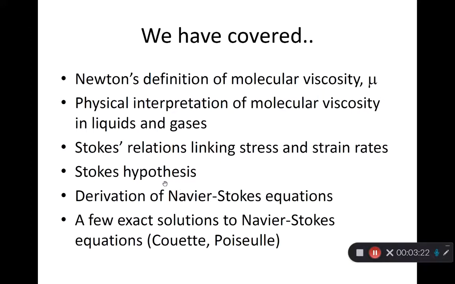We found that lambda should be set to minus 2/3 of mu, so that when we define the pressure, whether the fluid is moving or stationary, the static pressure could be thought of as the average of the pressure over normal forces per unit area on all the 6 faces. We also derived the Navier-Stokes equations, and we found a few exact solutions to Navier-Stokes equations.